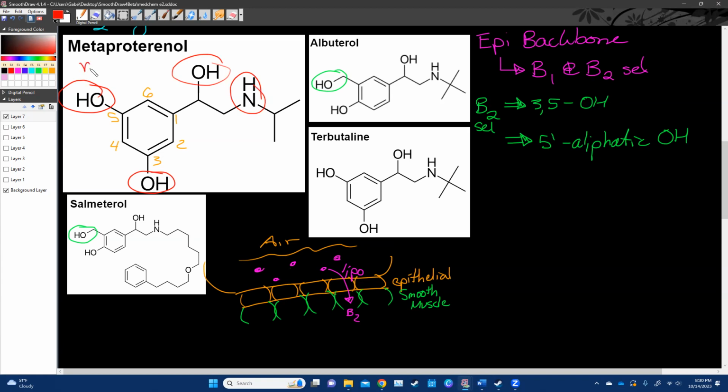These are all very polar, which means that they're hydrophilic, right? So is metaproterenol going to have a very easy time getting from the lung airspace into the smooth muscle? No. So this is where we have our tail group.